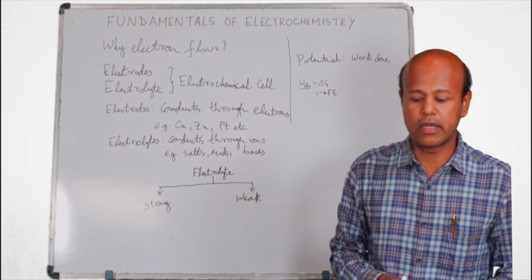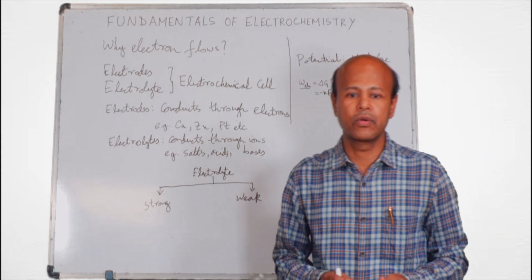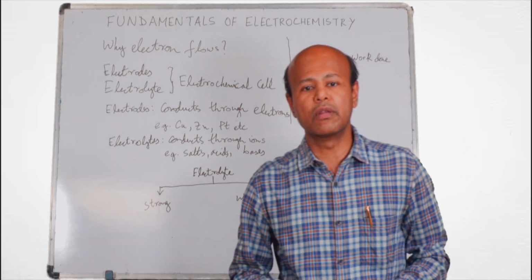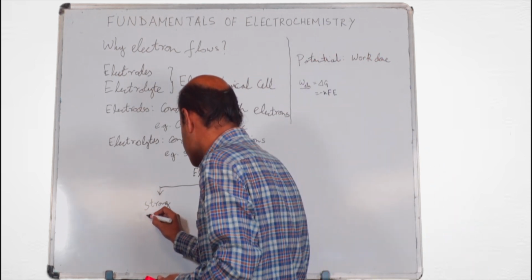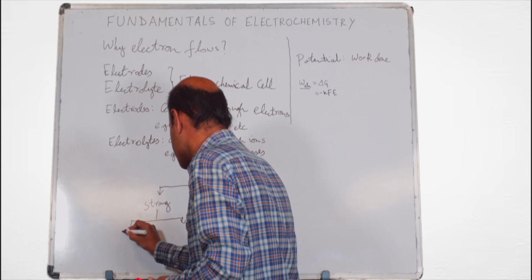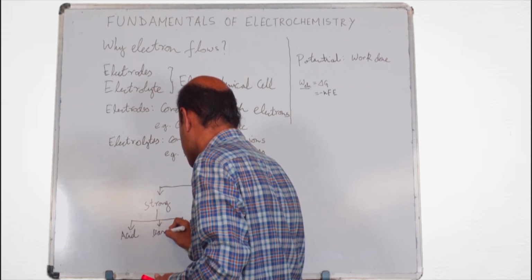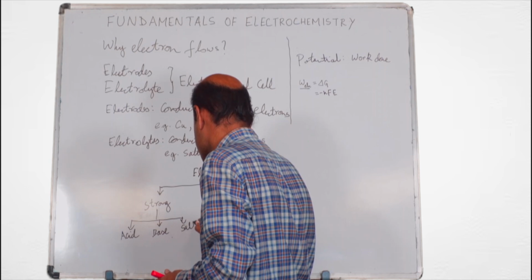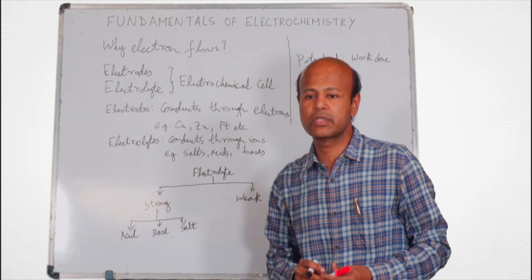Strong electrolytes are materials or substances which dissociate almost completely. Here we have examples: it can be an acid, it can be a base, it can be a salt. So strong electrolytes dissociate almost completely.